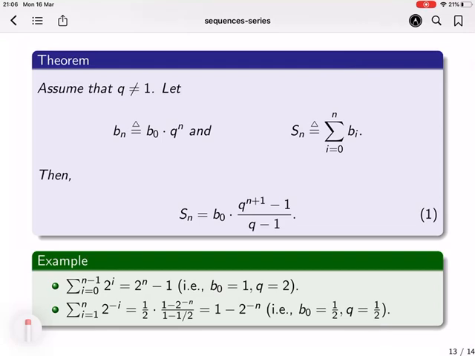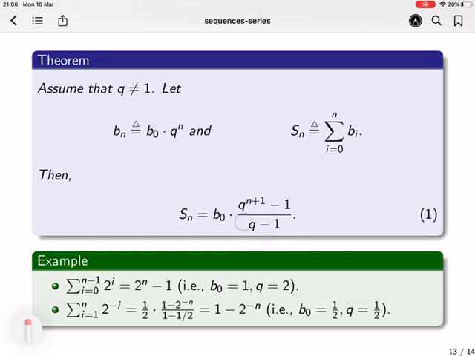Let's plug in the equation we have. B0 is 1/2. And now, instead of looking at (Q to the power of n plus 1 minus 1) over (Q minus 1), let's multiply both the numerator and the denominator by minus 1. So we get here (1 minus Q to the power of n plus 1) divided by (1 minus Q). Good. So 1 minus Q is 1/2. I multiply it by B0, which is 1/2. So it's dividing 1/2 by 1/2, I get a 1.